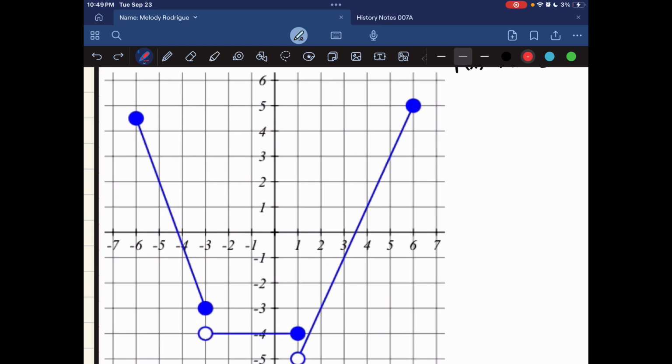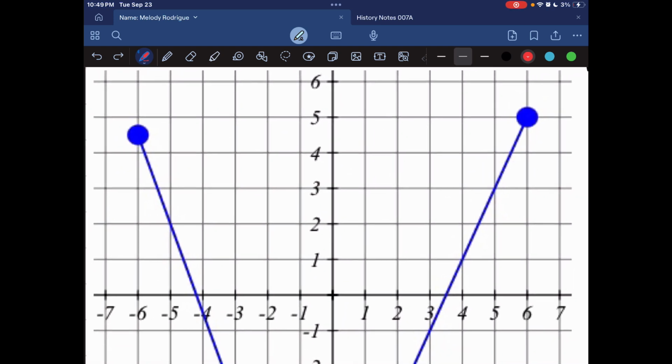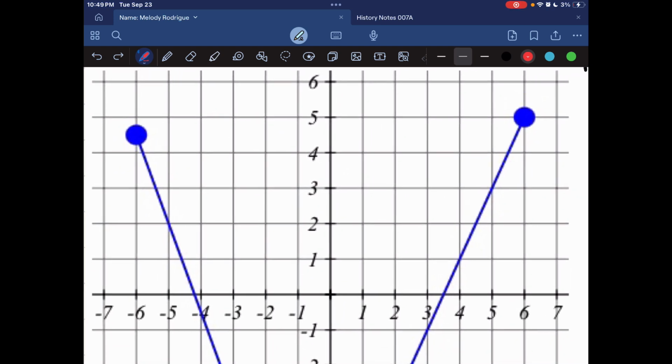If you zoom into it, you can see that it's a little bit above 4 and a little bit below 5. So we can assume that this is going to be 4.5. So we can conclude that this is going to be just 0.5 above. So this is just 0.5.